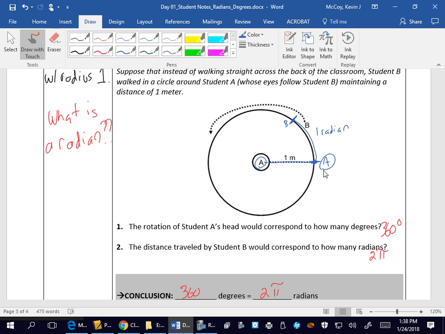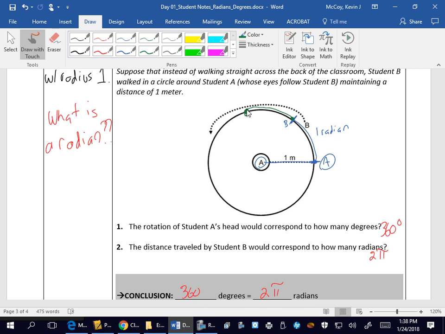Well, let's see how this works. If we keep going, maybe I'm going to start at point B, and walk another radian, which means I'm going to walk the same distance as the radius, but I'm going to do it around the outside of the circle. So maybe that's about right there, and I'm just guessing. But that's another radian.